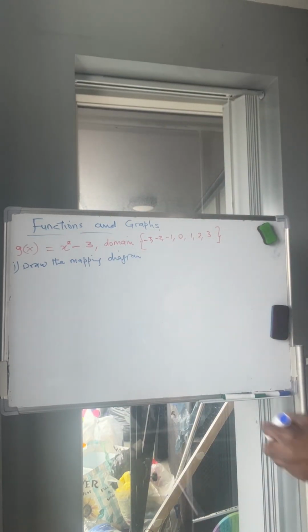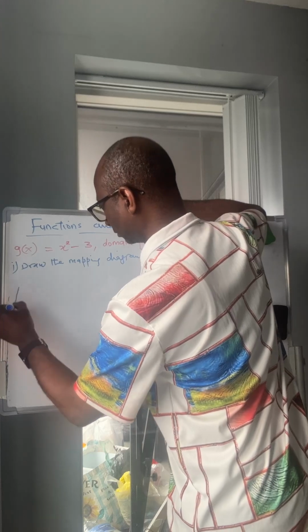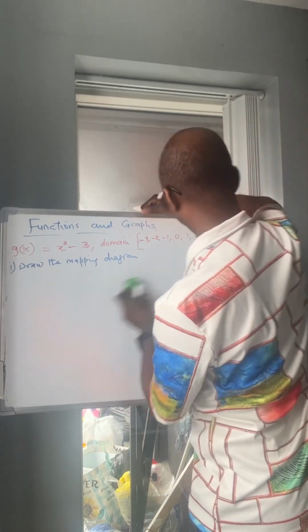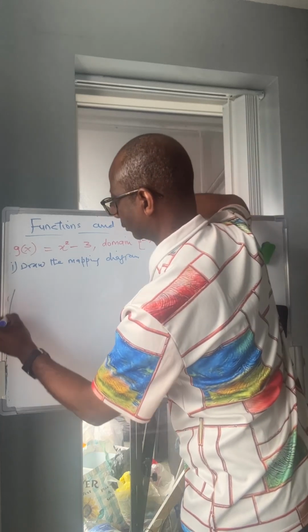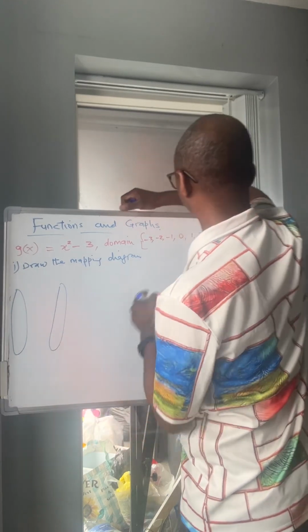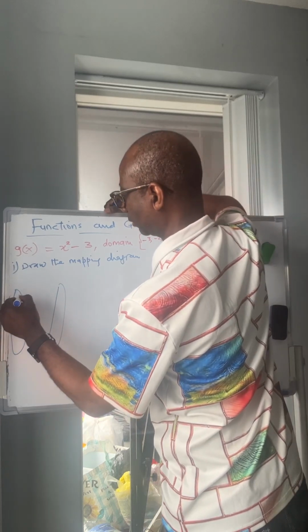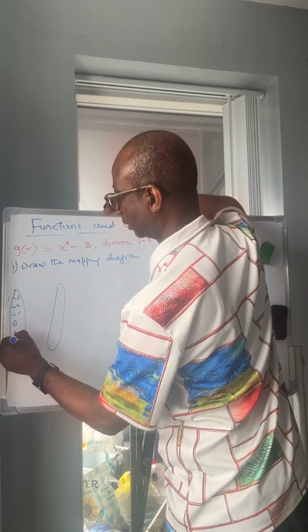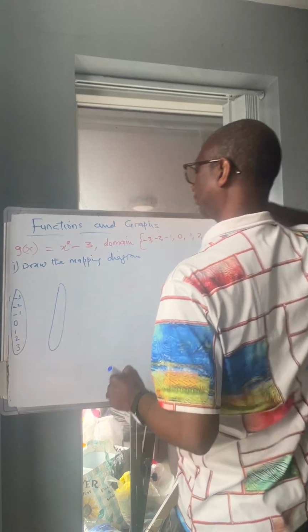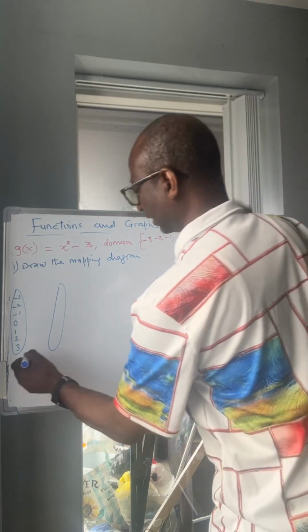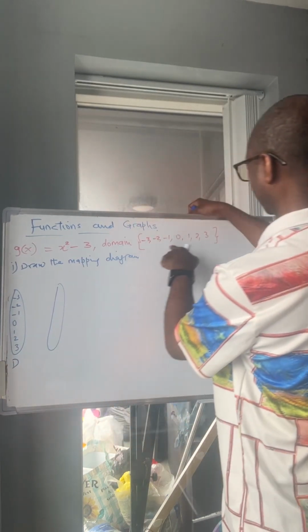To draw the mapping diagram, here we have minus 3, minus 2, minus 1, 0, 1, 2, 3. As we mentioned earlier, this is your domain, what you are given here.